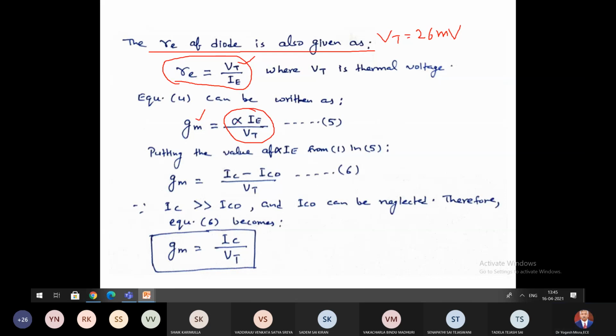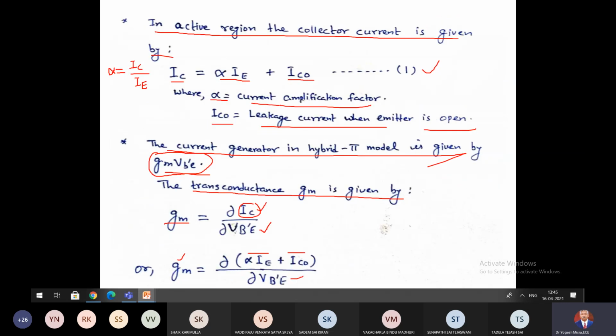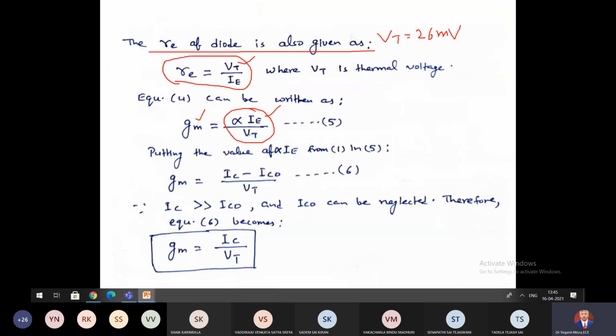Now alpha IE in numerator. What I will do? From this expression number 1, I will take the value of alpha IE as IC minus ICO and I will put there. So I will get GM is equal to, in place of alpha IE, I have written IC minus ICO by VT. Now if you see the IC value and ICO, ICO is leakage current.